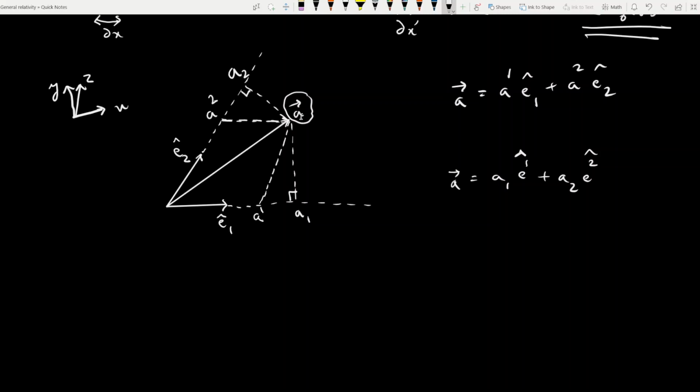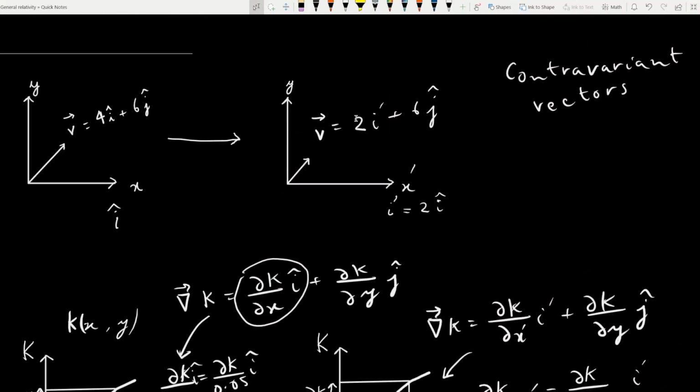Why contravariant? Because look here, when we doubled our basis vector from i hat to i prime, the components of this vector were the contravariant components. Why? Because as we doubled our basis vector, these components were halved.